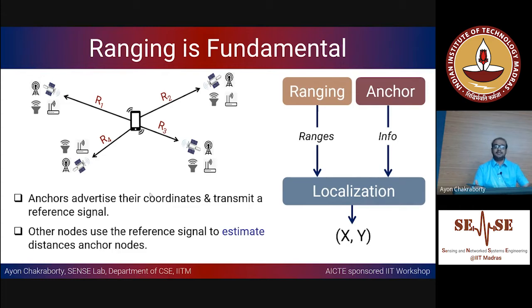We can think of these pseudo satellites, which could be things like access points or cellular base stations. So these are Wi-Fi access points. Wi-Fi access points could be references in our coordinate system.